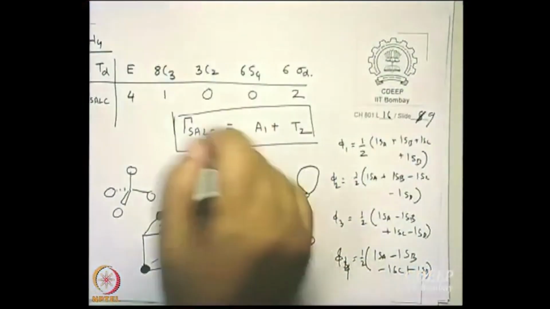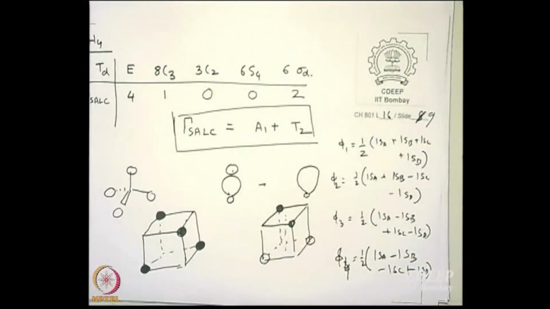Okay. Let us have a look at the character table then. Or shall we just work out the characters? What will be the characters of these combinations? I'll do it on a separate page.